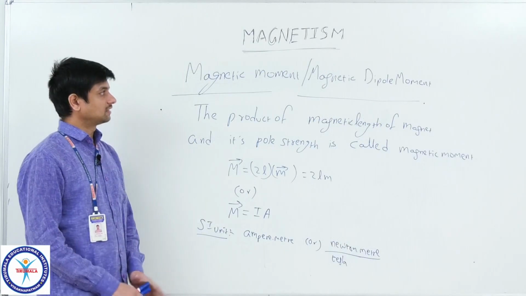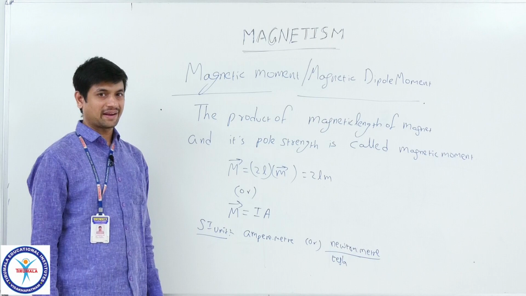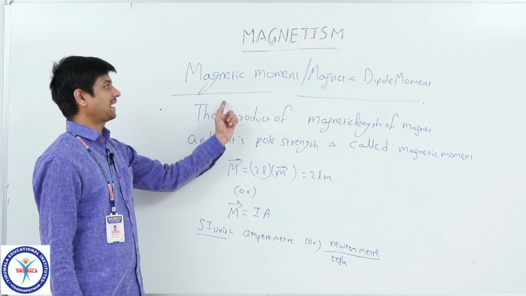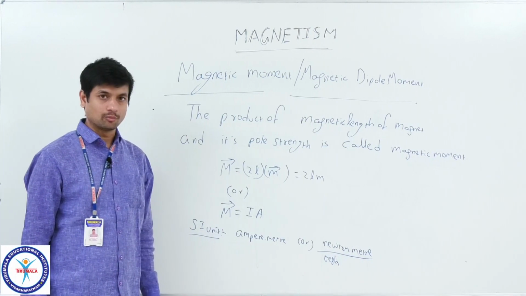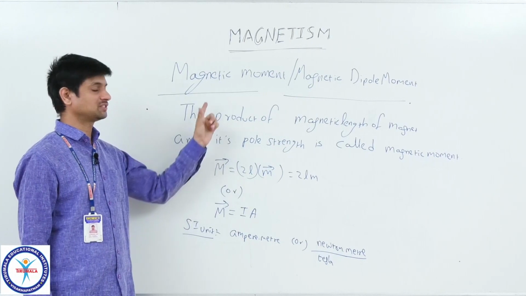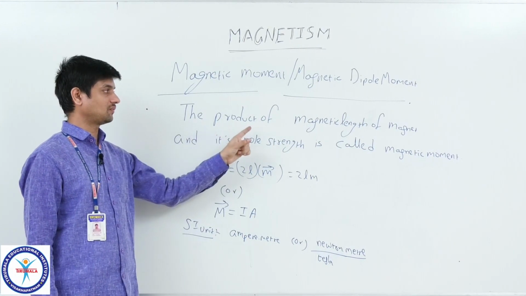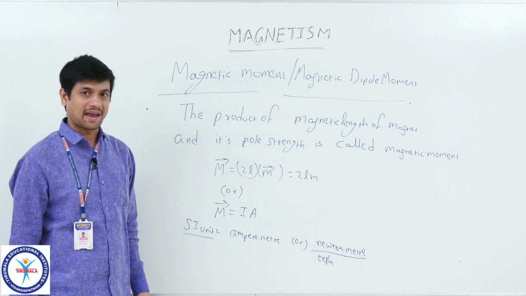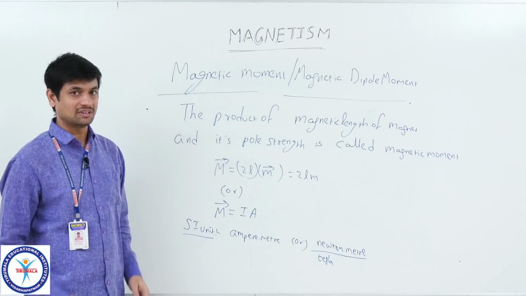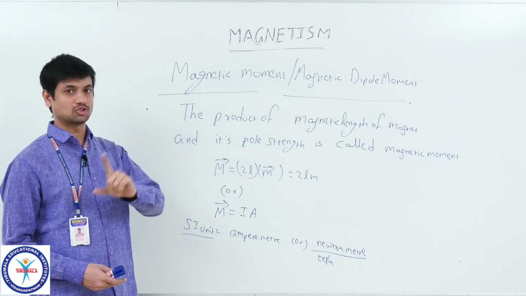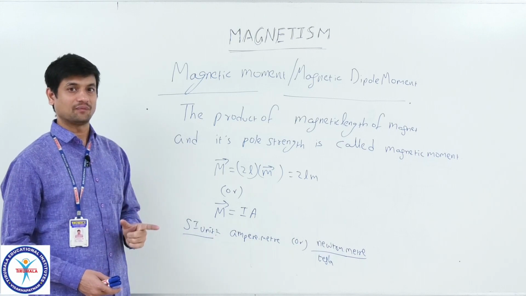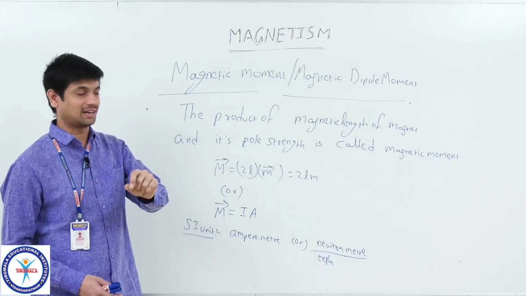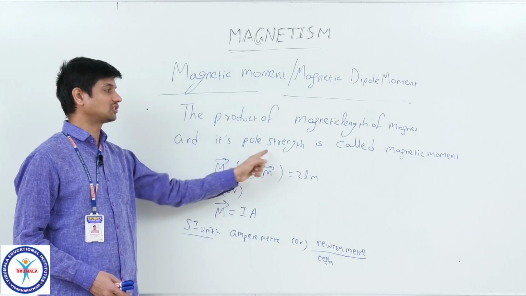Yes children, the last concept of that magnetic pole model, magnetic moment or magnetic dipole moment. I am explaining the first definition. Look at this, the product of magnetic length. Magnetic length means, I said before, there is a difference between the geometric length and the magnetic length. It is 5/6 of its geometric length, and its pole strength.